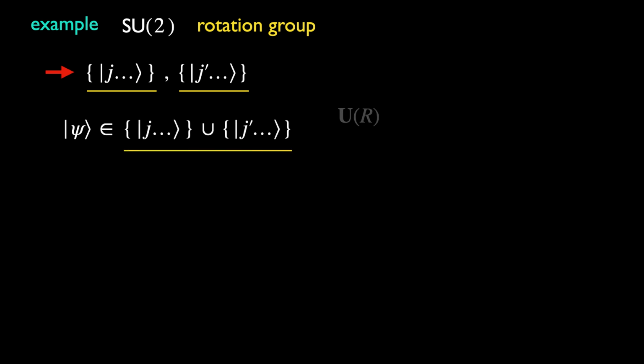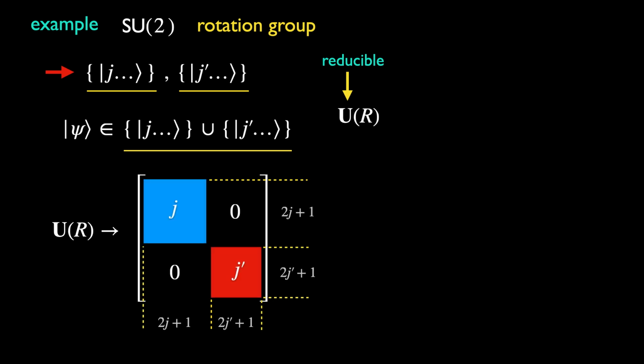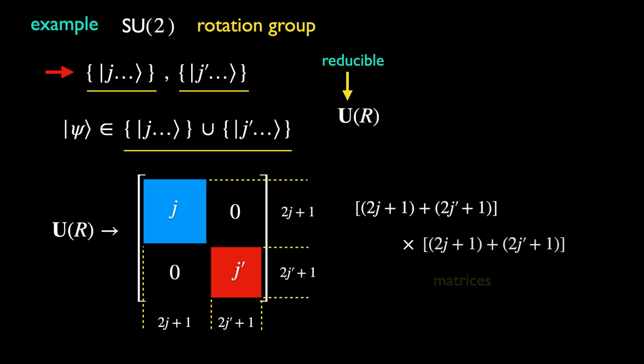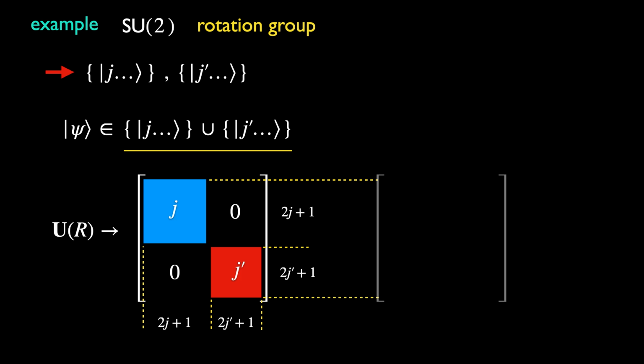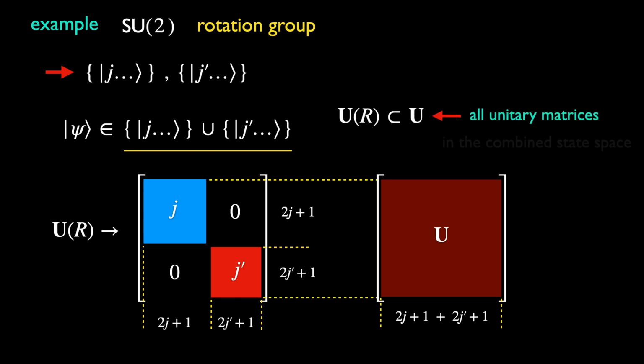The representation of rotations in this combined state space is therefore reducible. Whereas the general unitary matrices U in this space, not just those that represent rotations, are irreducible.